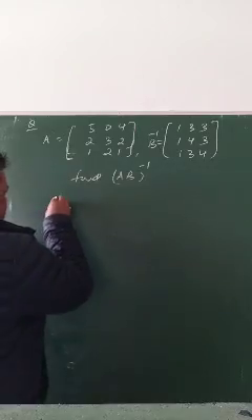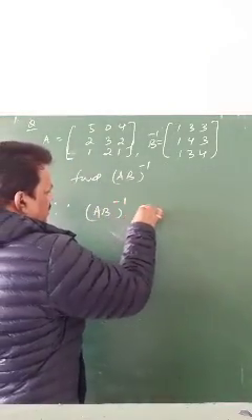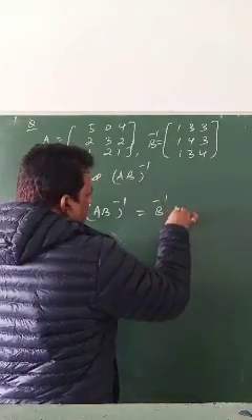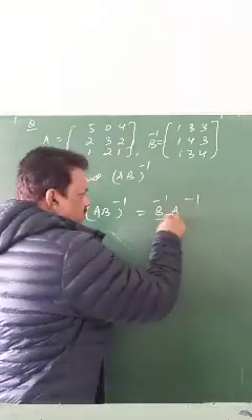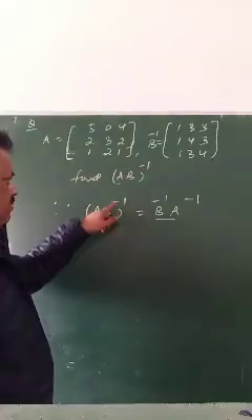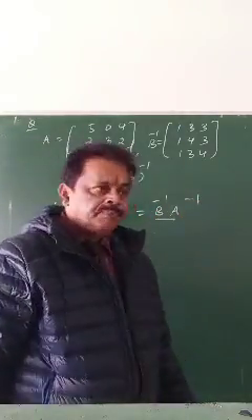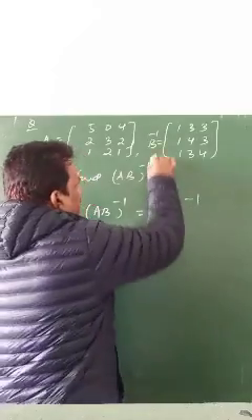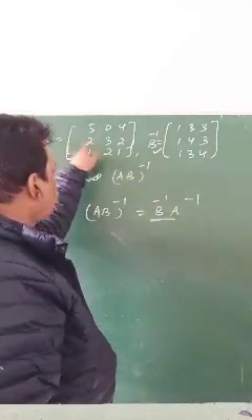There is a formula: AB inverse equals B inverse A inverse. This technique you are going to use. That means for AB inverse, finding B inverse A inverse, out of which B inverse is given. Only you need to find A inverse from here.